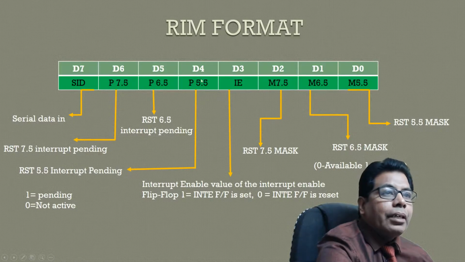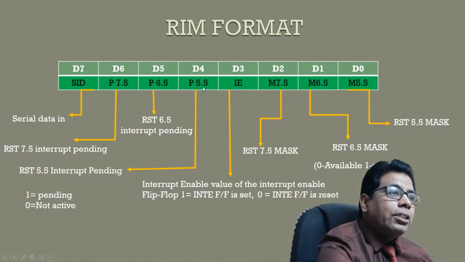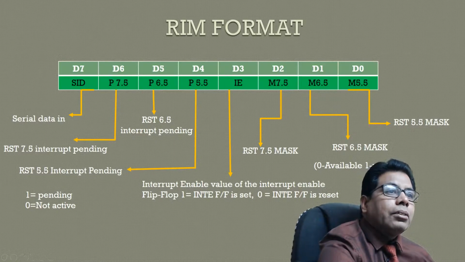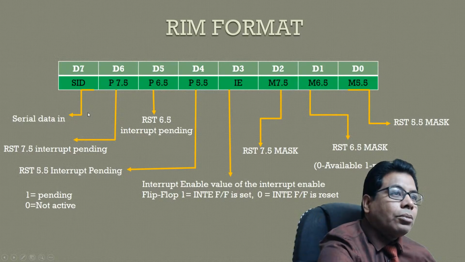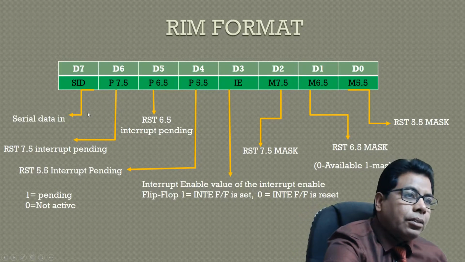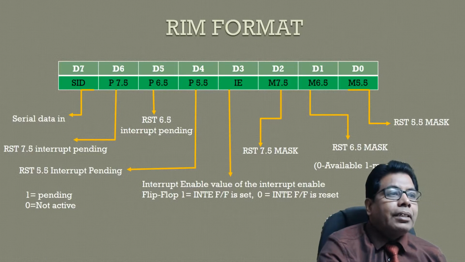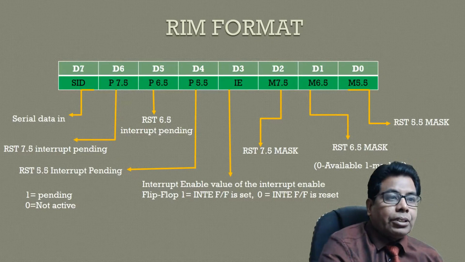For example, if D4 is 1, that means RST 5.5 is pending. So in this way these 3 bits are used for knowing whether the interrupt is pending or not. Then the last bit D7 is for the serial input data, SID. It will be coming to the accumulator after the RIM instruction.